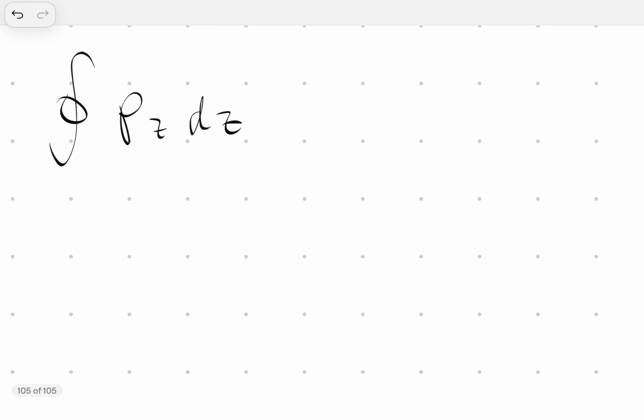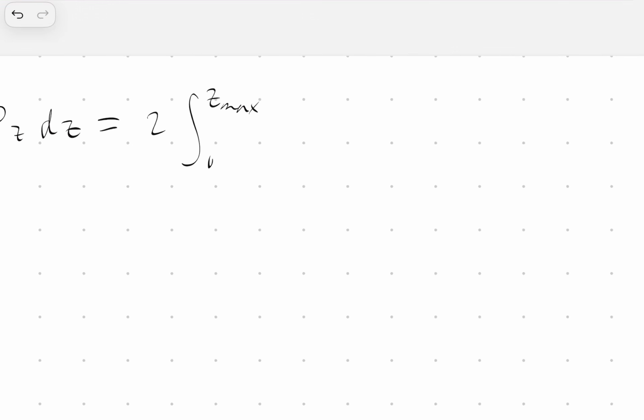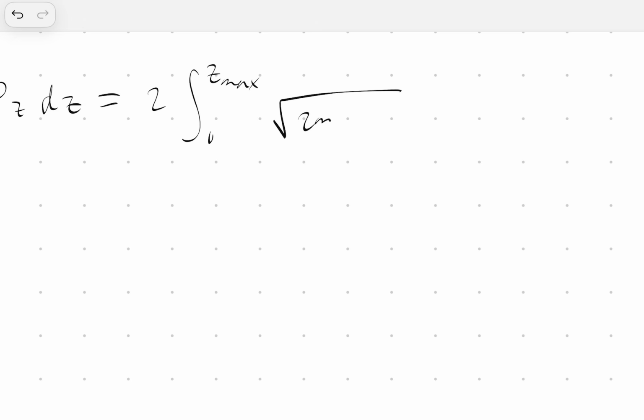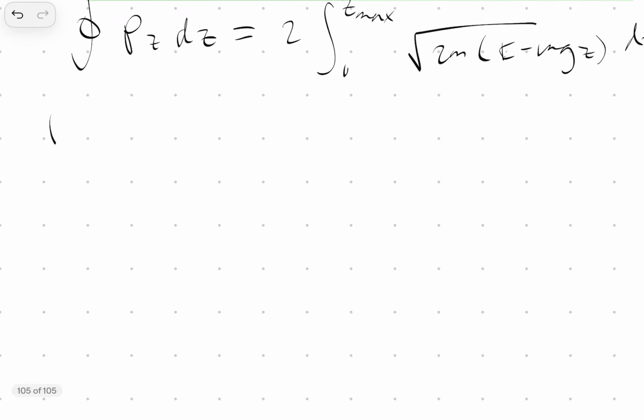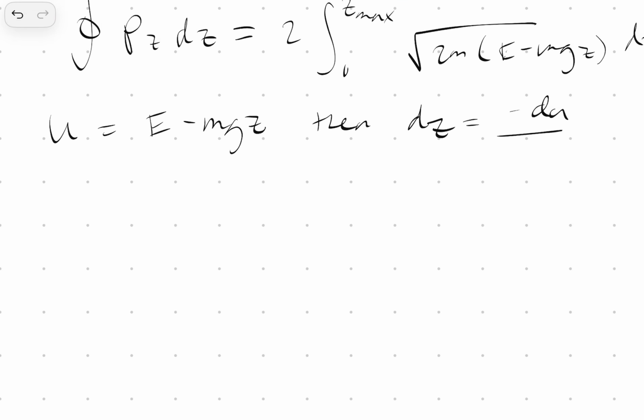It would be a full closed circular integral in phase space from 0 to z max, of the square root of 2m times e minus mgz, dz. And if you let u be e minus mgz, then dz is equal to minus du over mg.